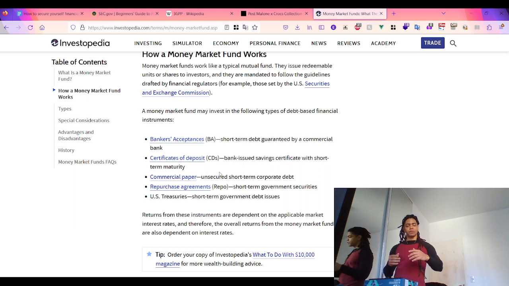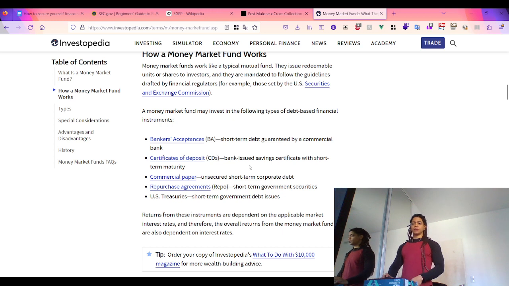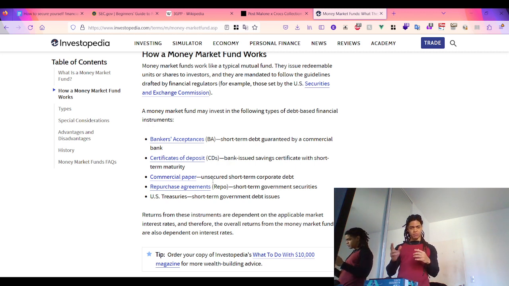An example of equity is when you purchase shares of a company, and an example of debt ownership is when you purchase bonds from a company or from a government. And then the US Treasury, which is short-term government debt issue.